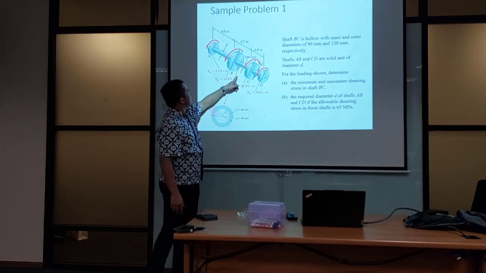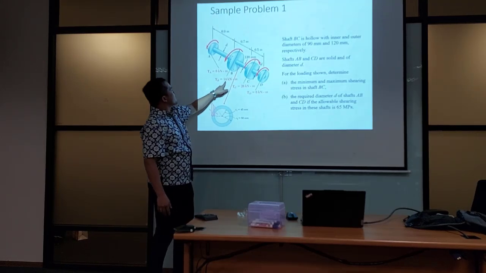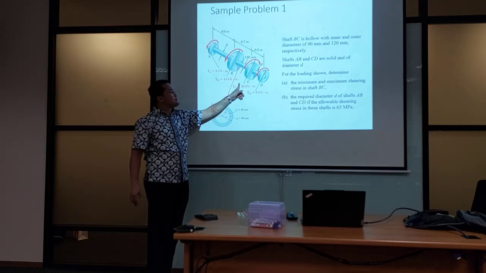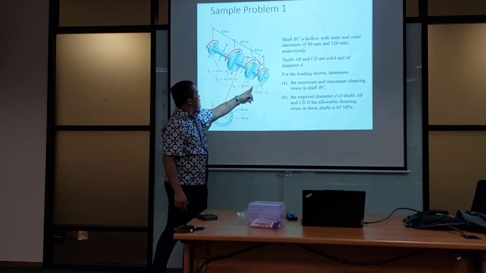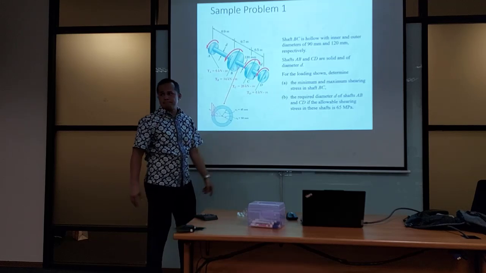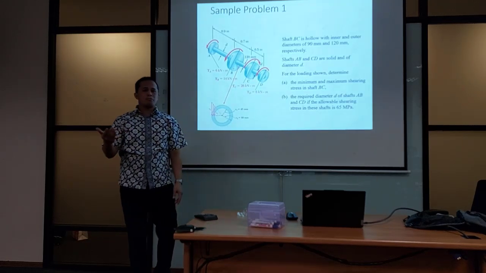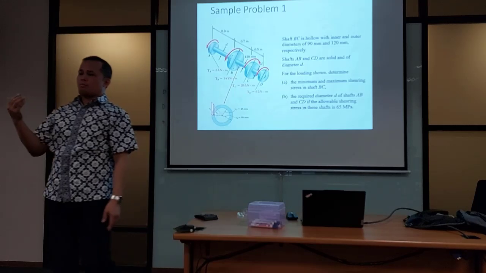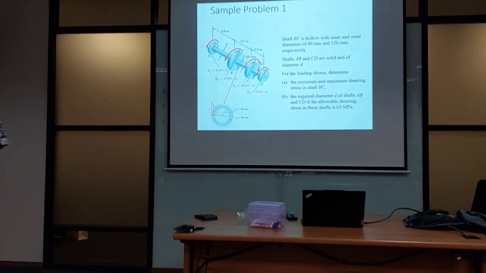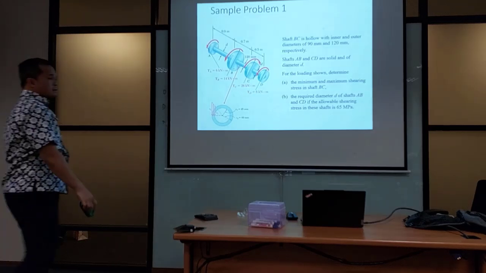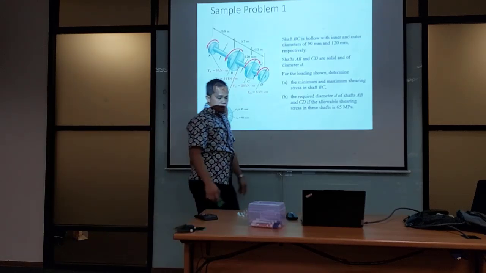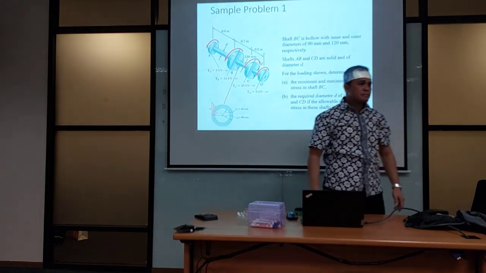The pulley at B gets 14 kilonewton meter. This one gets 26, this one gets 6. My question to Rafi: is it in equilibrium or not? We can do the free body diagram first and determine. Can you check whether it is in equilibrium or not?